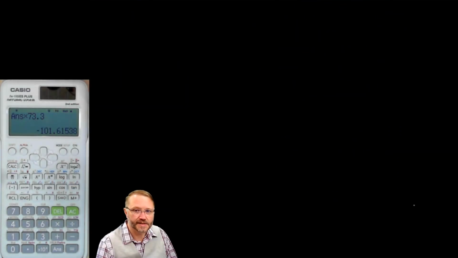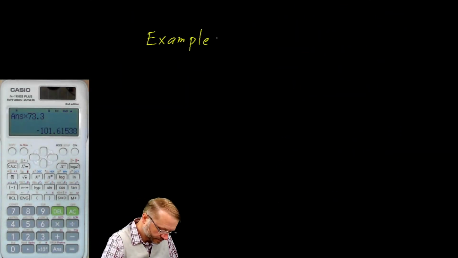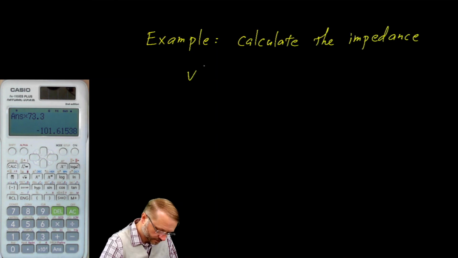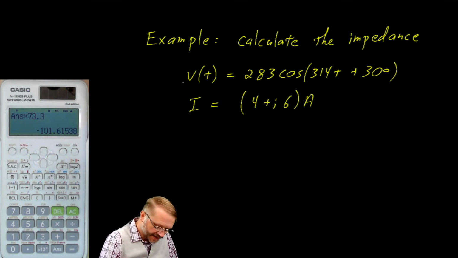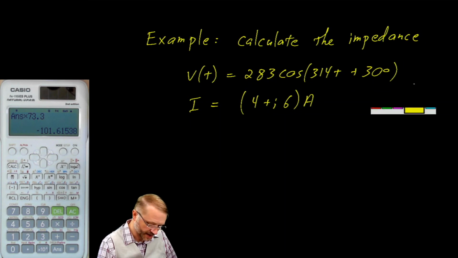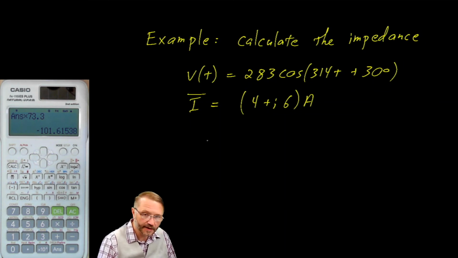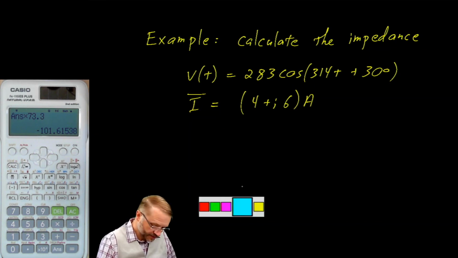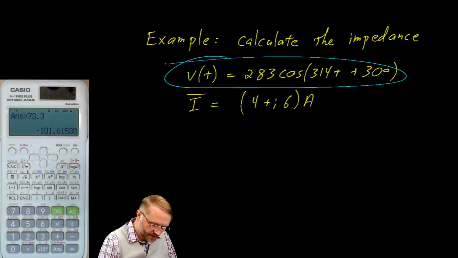Now we can move on to some phasor problems. In this case, you're given a time domain representation for the voltage, and you're given a phasor for the current. Your opening move is to convert this into phasor form. So a couple of things. RMS voltage is equal to the peak voltage over root 2.